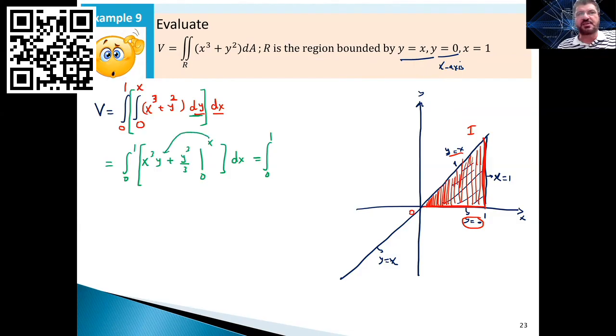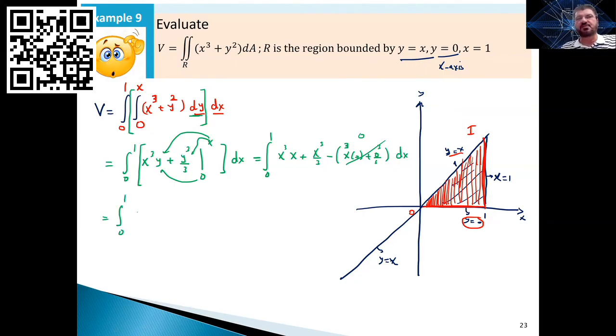So this is x cubed times x plus x cubed over 3, minus, what do we do? We replace y with 0. So it's x cubed times 0 plus 0 cubed over 3. And we close and we say dx. We know all of this is 0. So what's the final thing here?